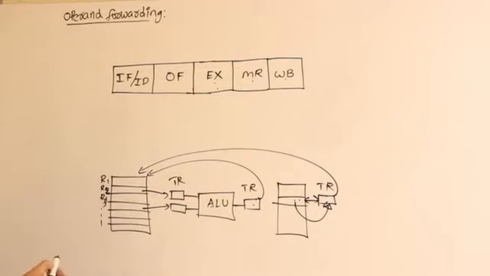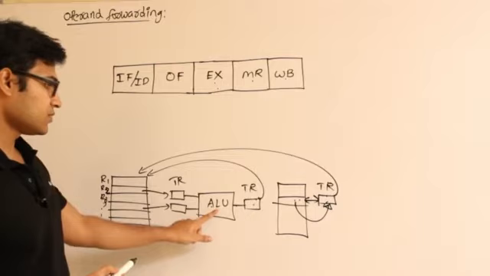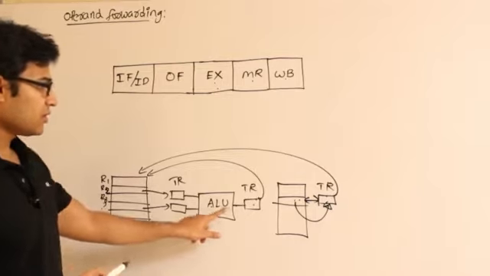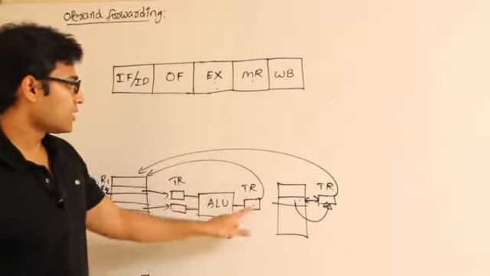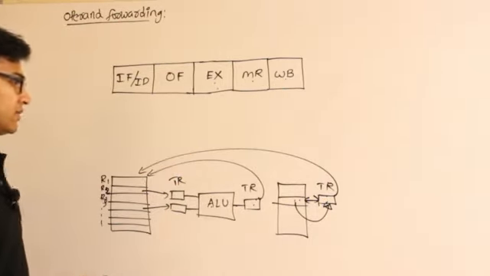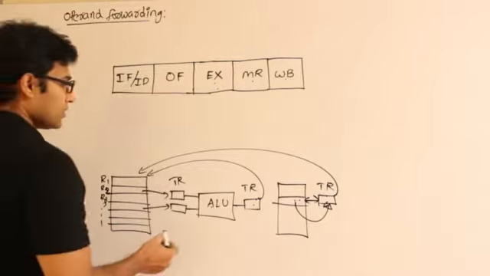Therefore, anything that is evaluated during the execution phase will not be written back into the registers until the end of the write back phase. Got it? Such a pipeline might create a problem in executing instructions.